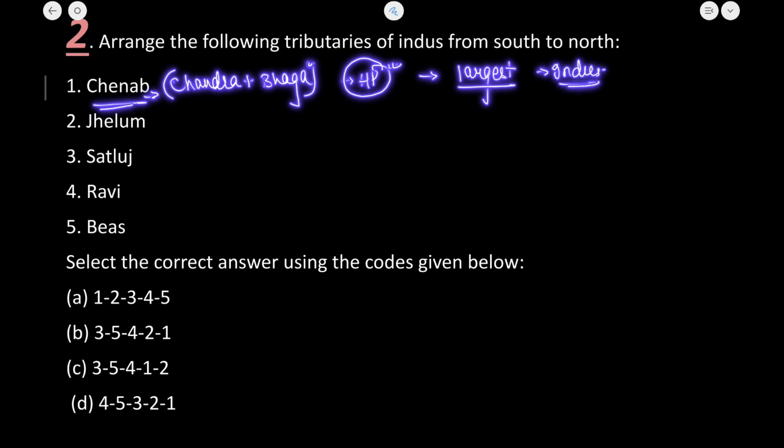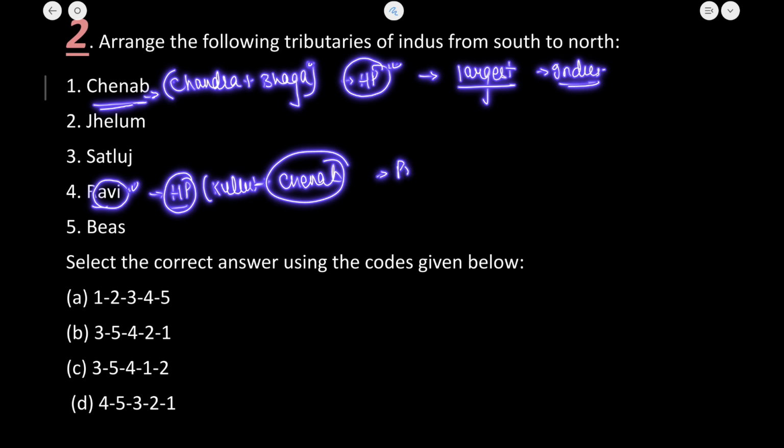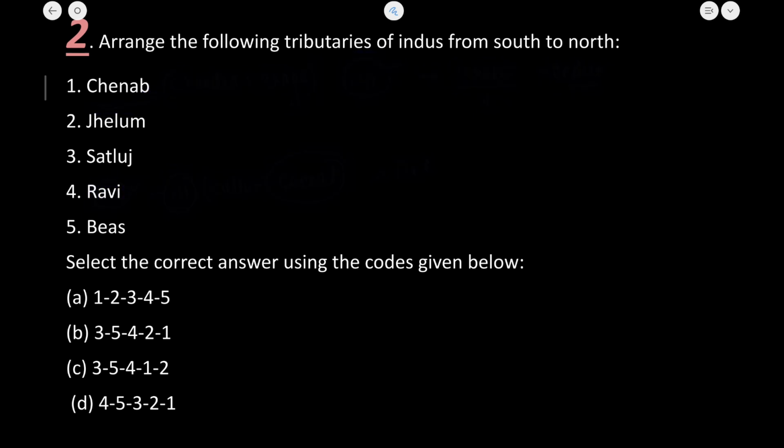Next in line is river Ravi. This Ravi originates in Himachal Pradesh near Kullu, and it is a tributary of Chenab. It drains areas of the Pir Panjal range. Next after Ravi is Beas.